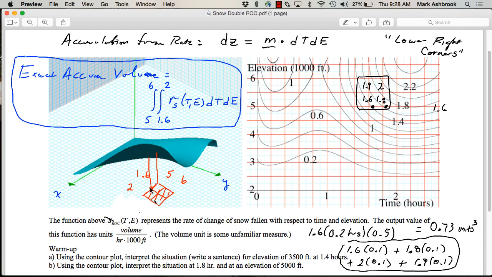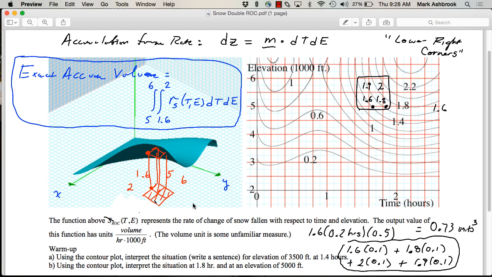Right here, right? So we take the z value on the surface at that point, and then let the height be that z value.